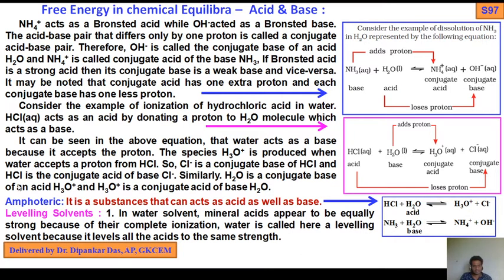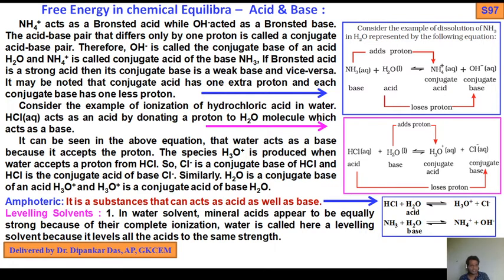Now, the leveling effect. In water solvent, mineral acids appear to be equally strong because of their complete ionization. Water is called a leveling solvent because it levels all the acids to the same strength.